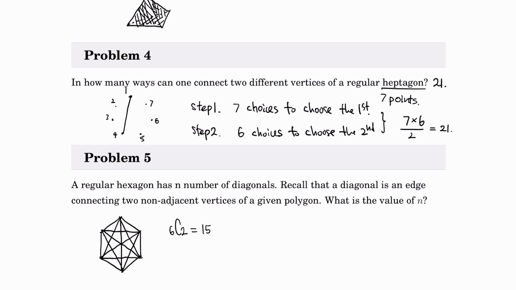And for those people who forgot how to do that, here's what's up. 6 times 5 divided by 2 times 1 must be 15, but we need to subtract some cases, right? We need to find out the diagonals. How do I find out the diagonals? Diagonals are found by subtracting the number of edges.